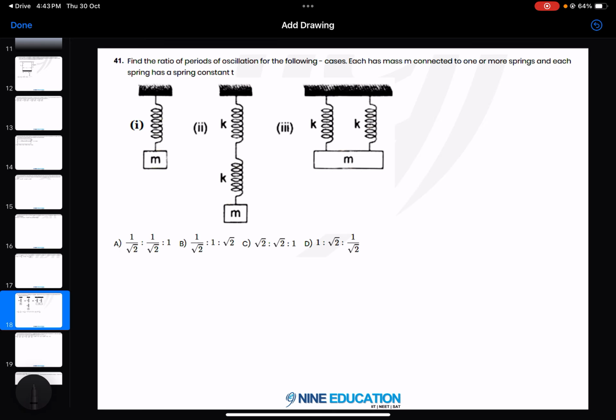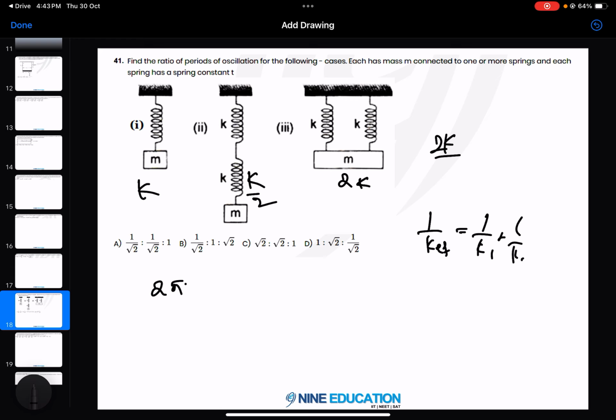Now in this question, some springs are in series and some springs are in parallel. In parallel, K effective will be K1 plus K2. So here K effective is 2K, here K effective will be K by 2, here K effective will be K. In series, you will find 1 by K effective is 1 by K1 plus 1 by K2. So K effective will be K by 2. Now we need the ratio of time periods.